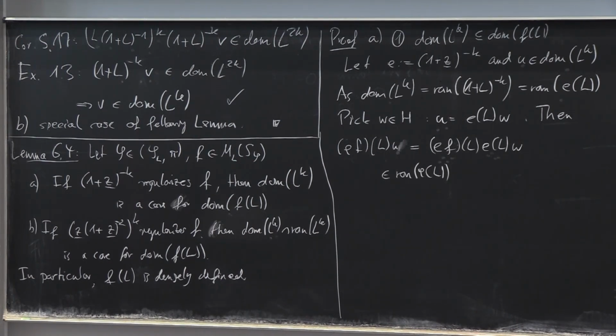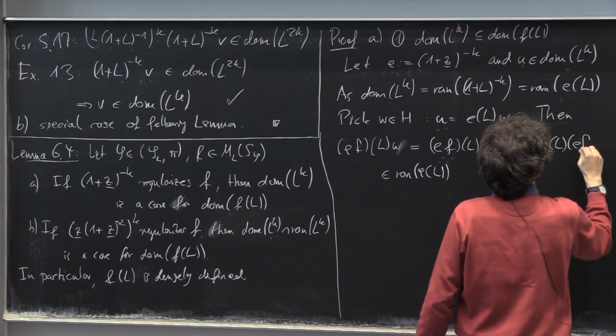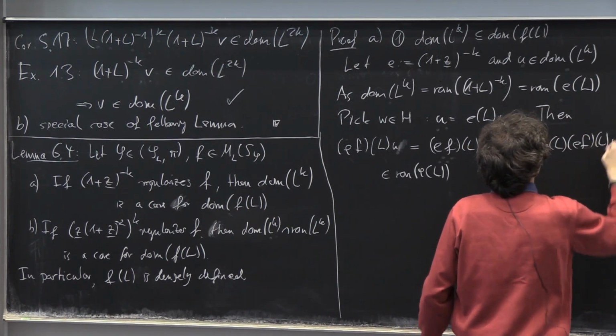We know that different f of L and g of L for different f and g commute. So this is the same as E of L, E F of L W.